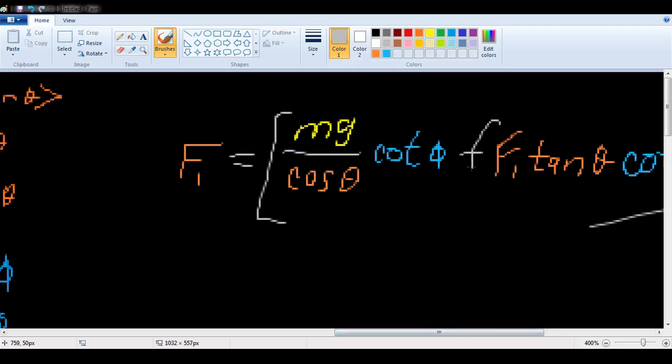And now if you notice, I have two f1s here, and my goal is to combine those.